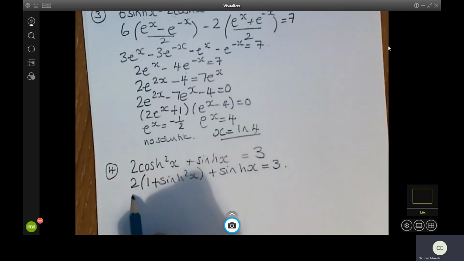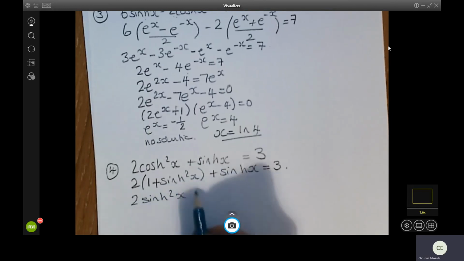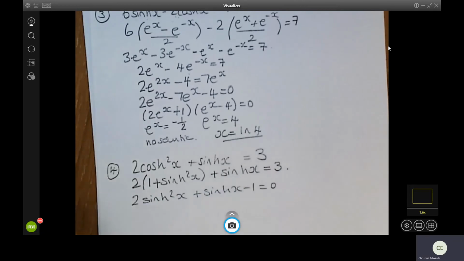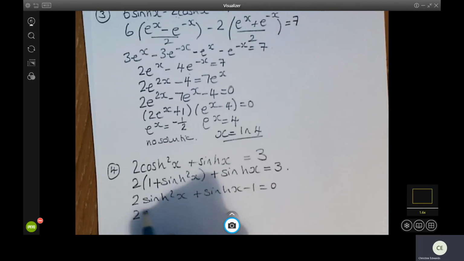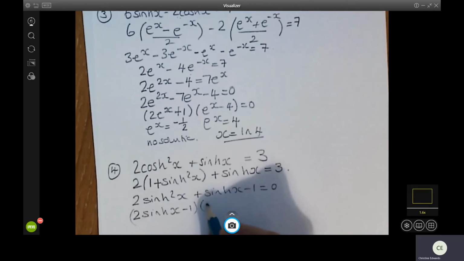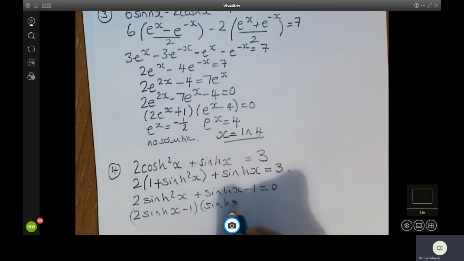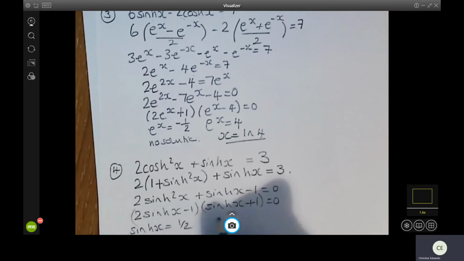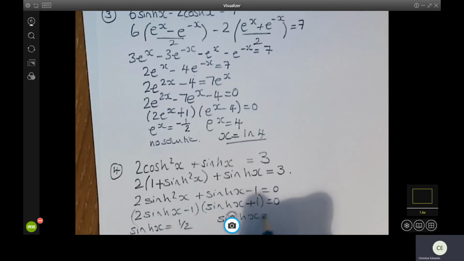So expanding, that will give me 2 sinh squared x plus sinh x minus 1 equals 0. I am then in a position to factorise, so that gives me (2 sinh x minus 1) and (sinh x plus 1). So that means that sinh x equals a half and sinh x equals minus 1.